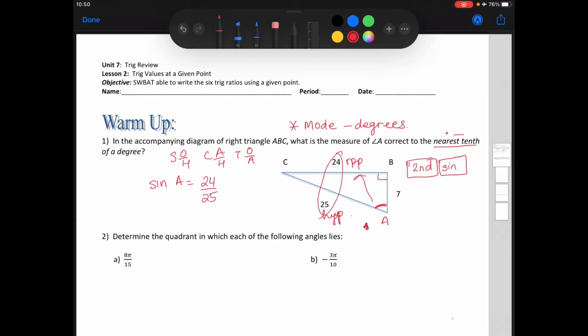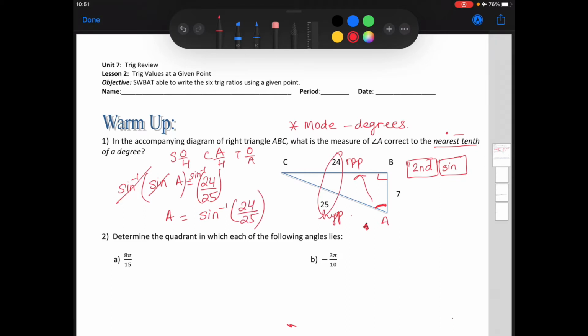So do that, second sine, and it will give you sine inverse. So you find A by doing sine inverse on both sides. This cancels this, and what you're left with on the right side is sine inverse of 24 over 25. So how are you going to put that in the calculator?